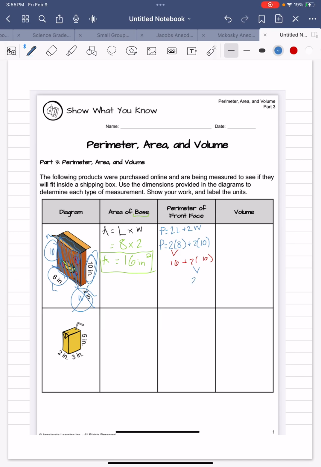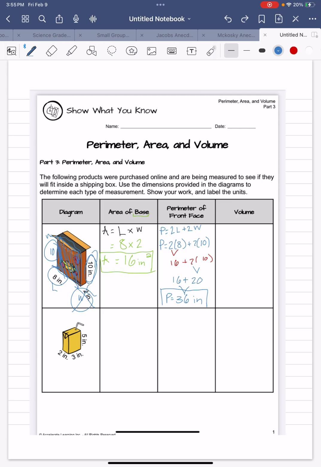So 2 times 10 is going to be 20. We rewrite our entire expression, and now we finally add 16 plus 20 to get 36 inches. Now I'm going to leave it as inches because when we find perimeter, those inches are just plain. Those units are the same that we used from the problem.